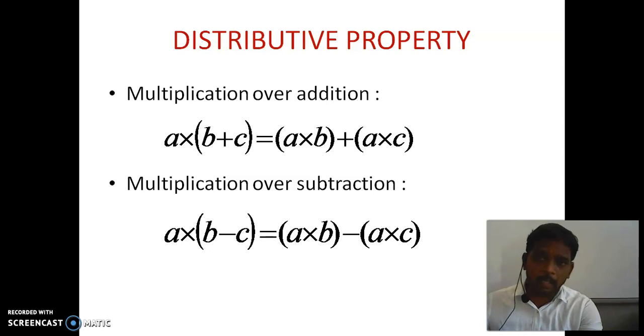Both sides are there, the left hand side and the right hand side. Now we are going to find the value of the left hand side and right hand side separately. Then finally we are going to compare the solutions, that is, finally we are going to prove they are equal.